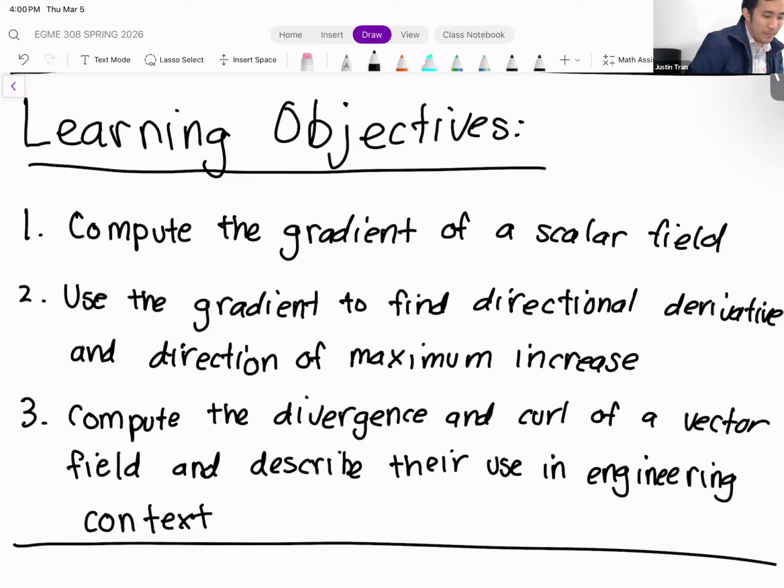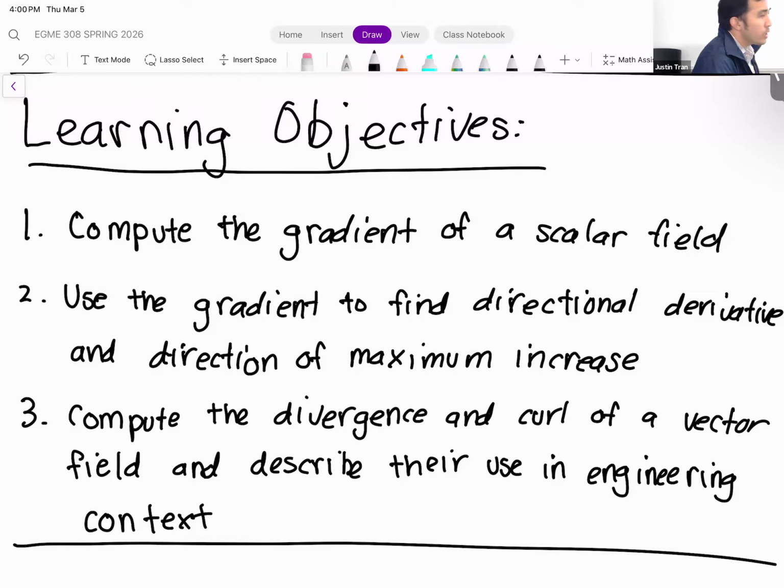All right, so the plan for today is we're going to be going over basic calculus 3 stuff. We did a review last time of very basic vector algebra: dot products, cross products, vector addition, scalar multiplication, things like that. Today we're actually going to get into the calculus stuff.